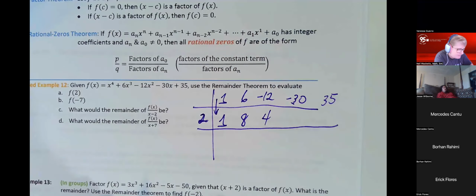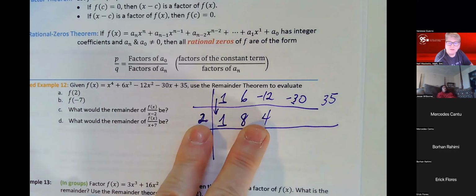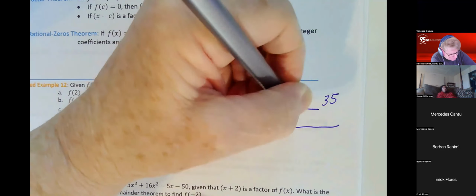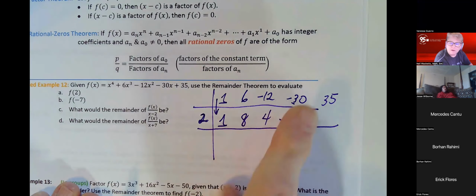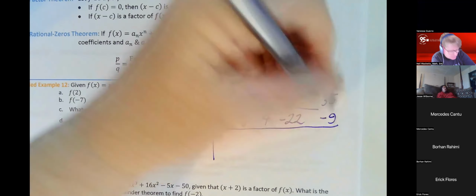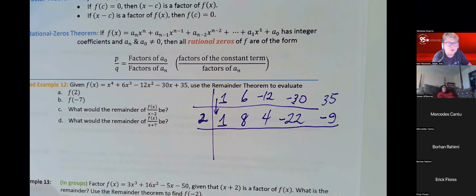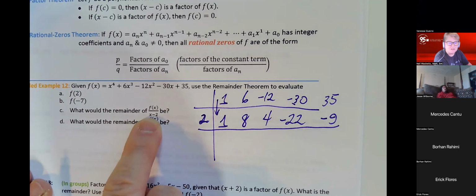Good. Okay. And then multiply. The next one would be negative 22. Multiply and then add the negative 30. So negative 44 plus 35, what is that? Negative 9? Yes. So what is the remainder if I divided f of x by x minus 2?